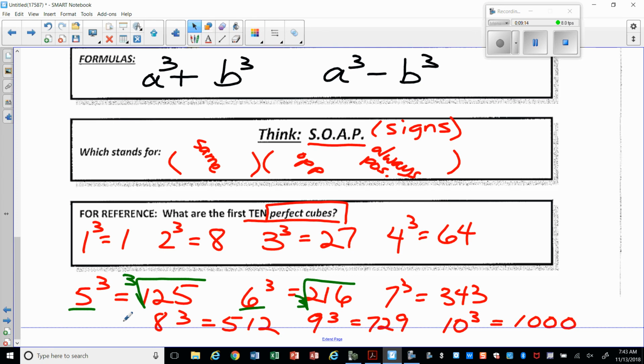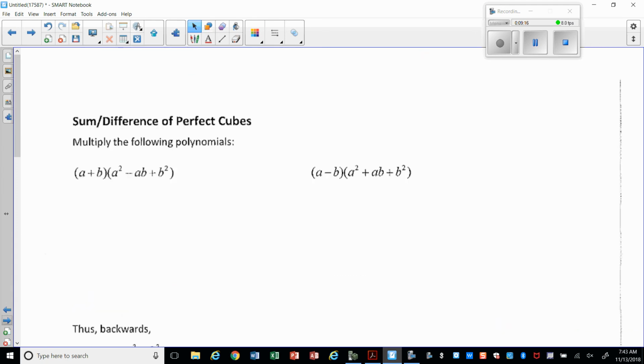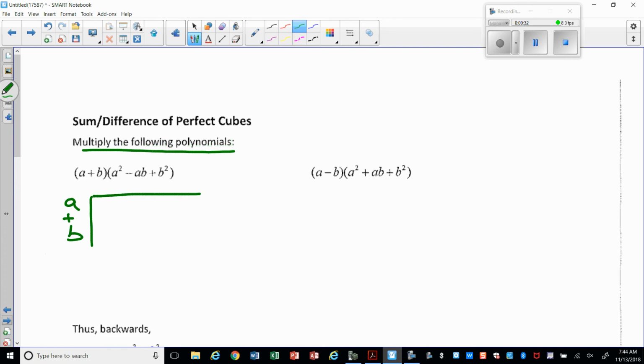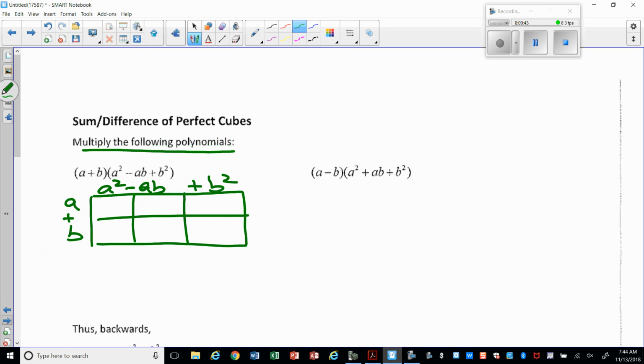Okay, so factoring these, we've got this pattern here. And notice if I'm going to multiply these polynomials, remember we would go a plus b, I'm going to do the box method, times a squared minus ab plus b squared. Go ahead and multiply these together.